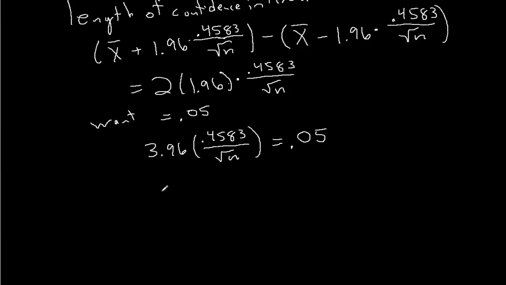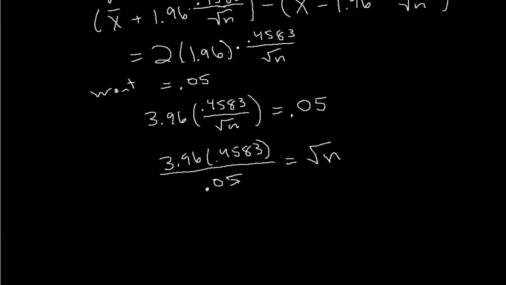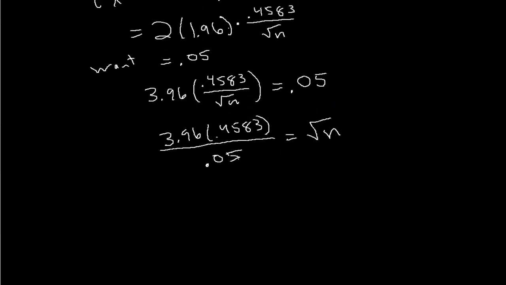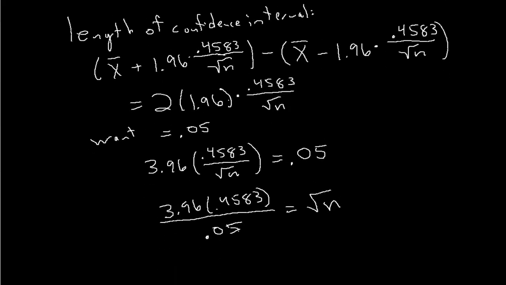Okay, so the square root of n is 3.96 times 0.4583. I'm holding out till the end to use my calculator here. Divide by 0.05, and that's the square root of n. And that's the best way to do it because you don't have compounding rounding errors, at least anything beyond the rounding that the calculator has to do.